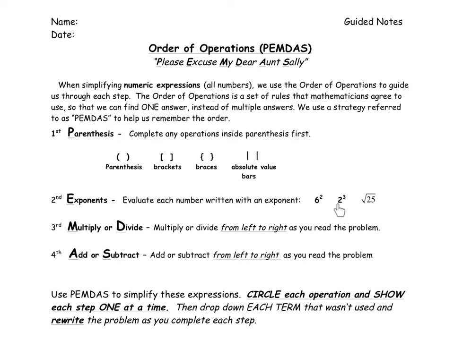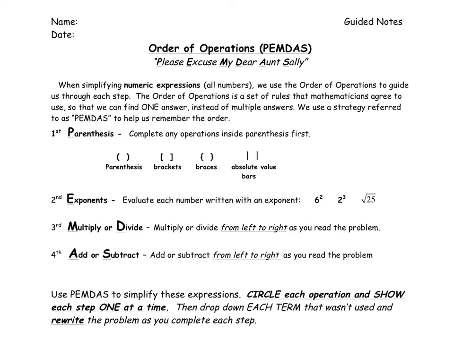This means 2 to the third power, also referred to as 2 cubed, and it means 2 times 2 times 2, which is 8. And this is the inverse of an exponent. It's the square root of 25, and our answer would be 5. We could square 5 to get 25, or we could raise 5 to the second power to get 25. And this is a whole other thing that we're going to delve into later on in the year.